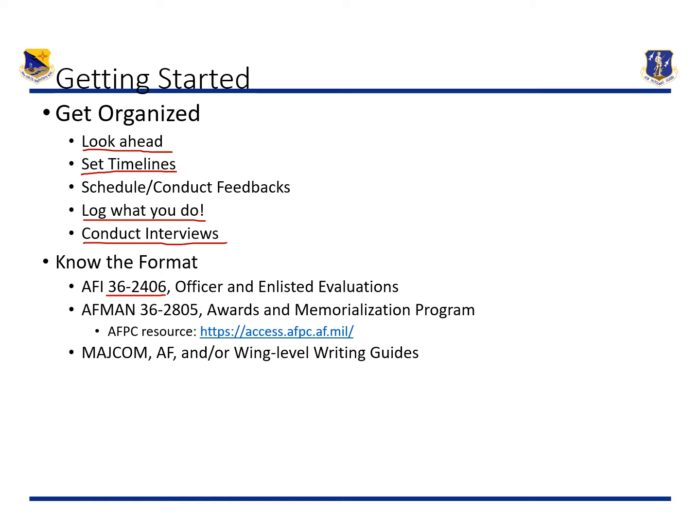Highly recommended. Additionally, we have a link here for AFPC, which I highly recommend you click on. It will take you to their website, which provides plenty of useful resources to pull up and figure out award timelines, submission criteria, and so on.